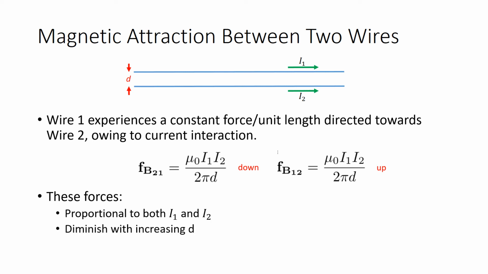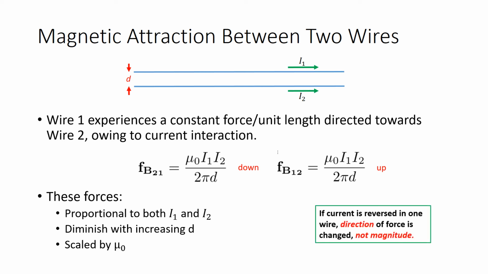They diminish as the wires are placed farther apart, and μ0 is a scaling factor. These results hold when the two currents are moving in the same direction. If we reverse the direction of one of the currents, the directions of both forces are changed.